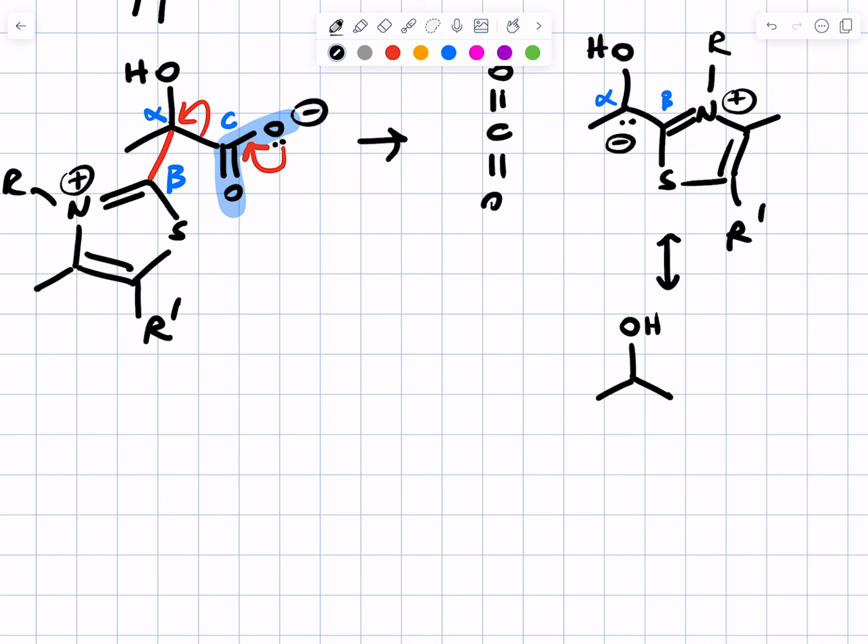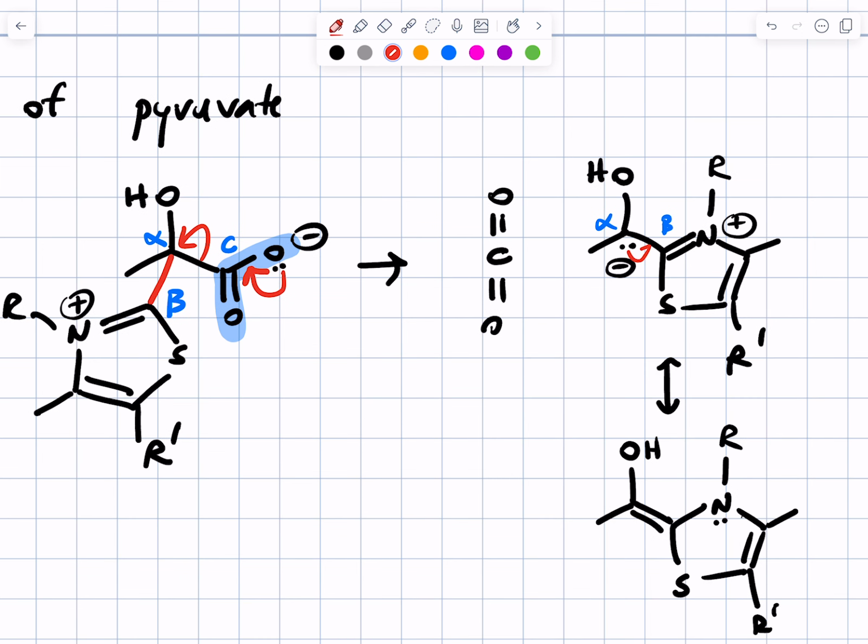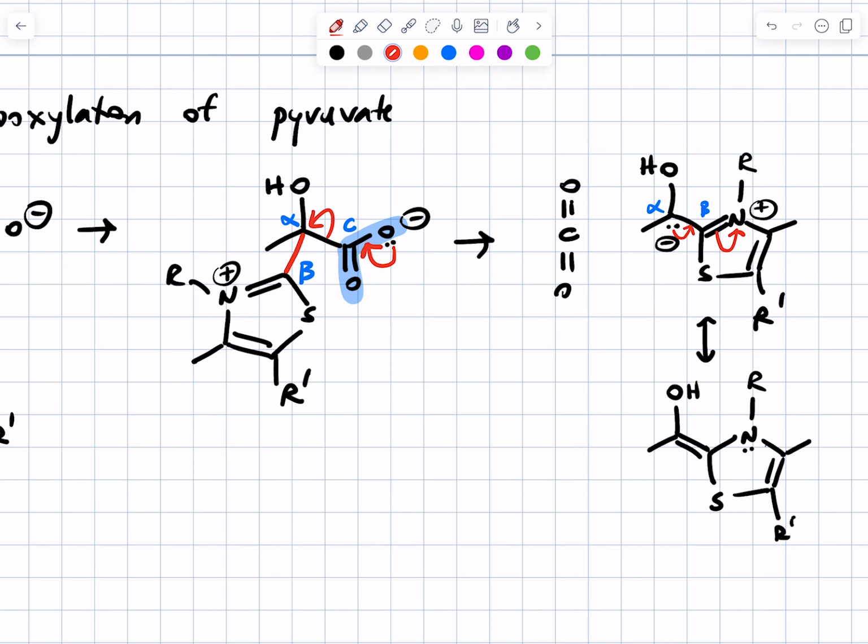We can draw an alternative resonance structure that looks like this, where the lone pair associated with the negative charge on that carbon is actually out on the nitrogen. To get there, all we have to do is move these electrons over to form a pi bond and then move the electrons in the pi bond onto the nitrogen. So the presence of the thiamine stabilizes the negative charge that's left behind when CO2 leaves. That's the decarboxylation step.